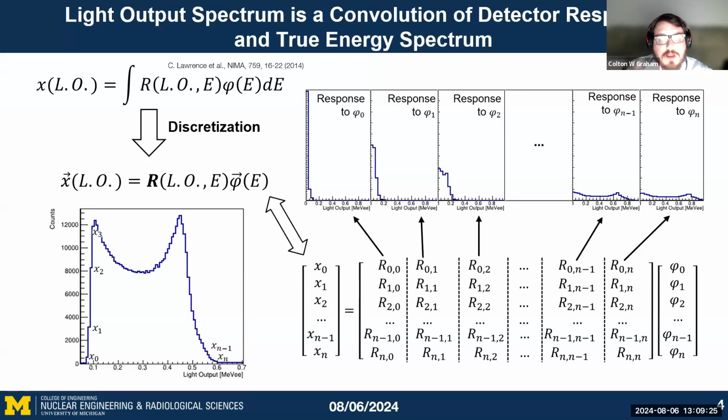For each bin is a number of counts, which is selected from a Poisson distribution with a mean, which is the true light output spectrum, which is the product of this detector response matrix and the true gamma ray spectrum, right? You're not directly measuring that. So if you do this, noise associated with Poisson counting statistics will be propagated into your solution to this inverse matrix equation, and you'll get a noisy and very poor result.